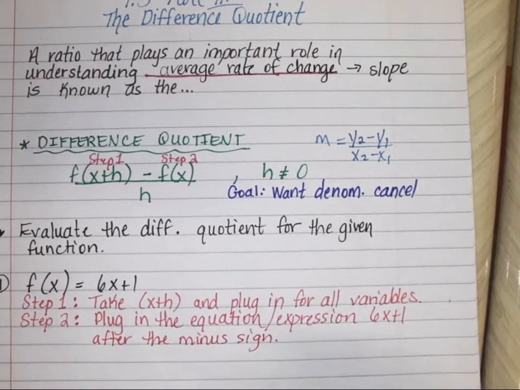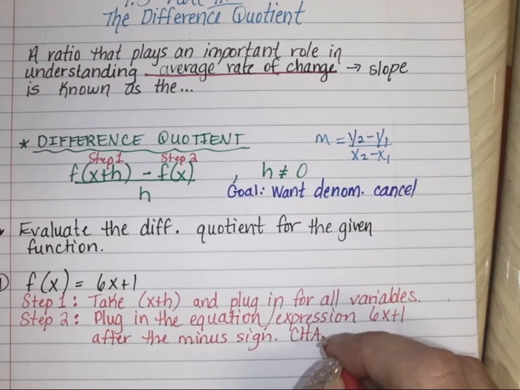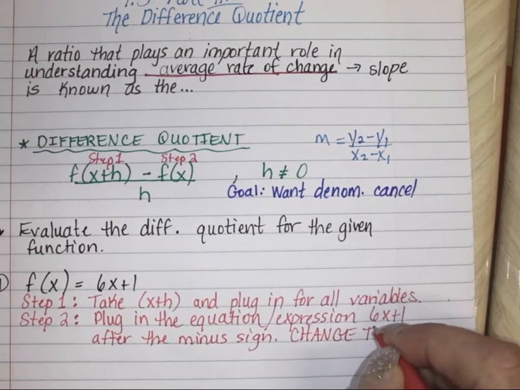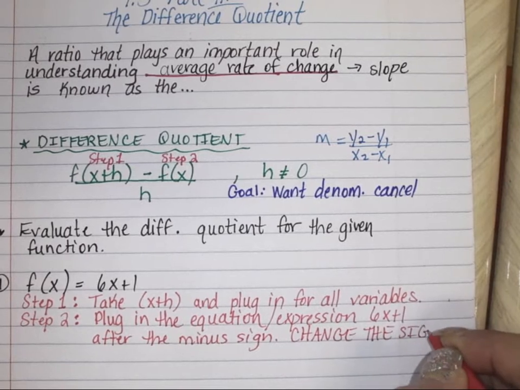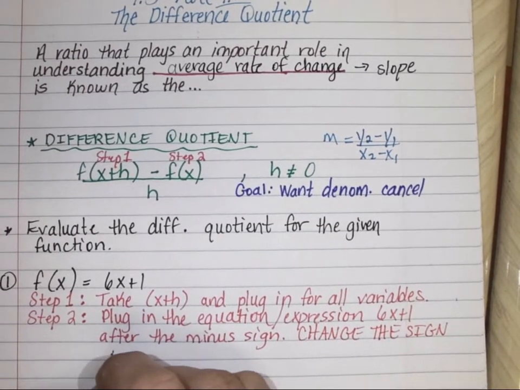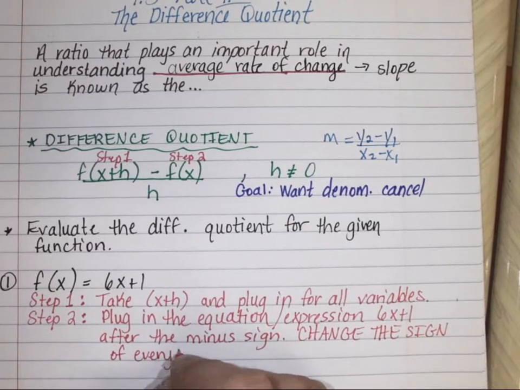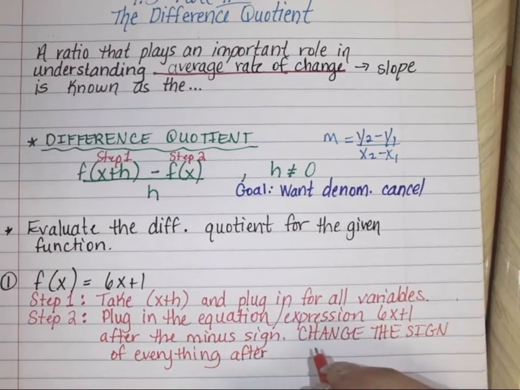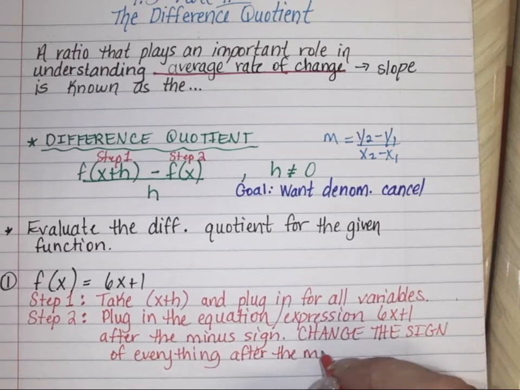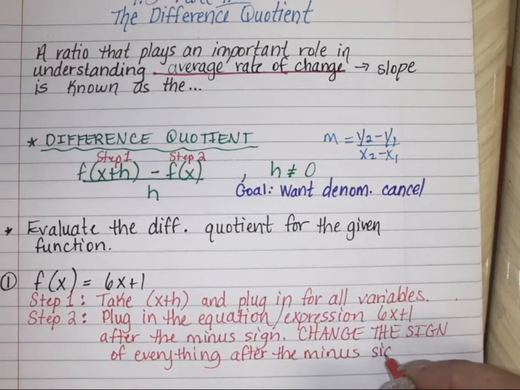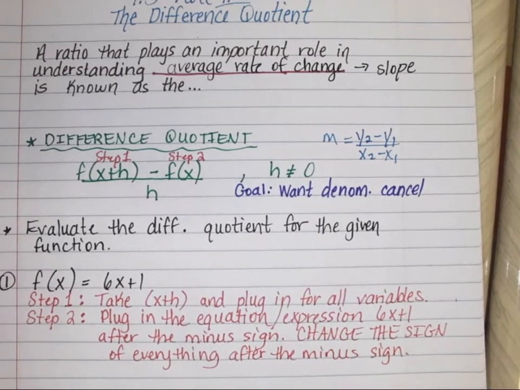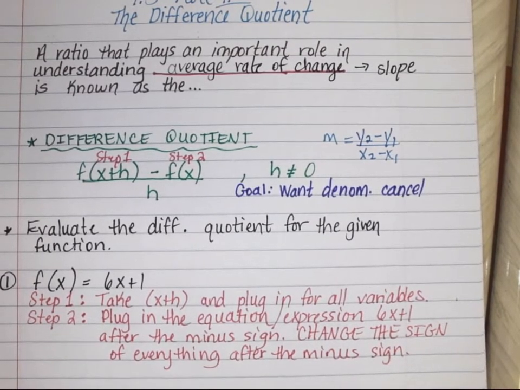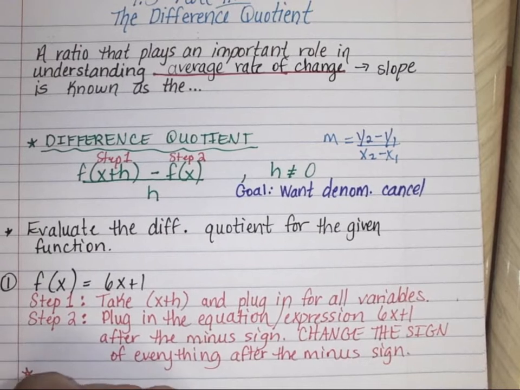And you have to change the sign of everything after the minus sign. Because in other words, you're having to distribute that minus sign. And you're going to see what that is in a minute. Okay, you don't plug in anything for h. Don't plug in anything for h.